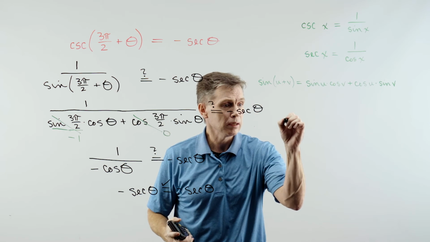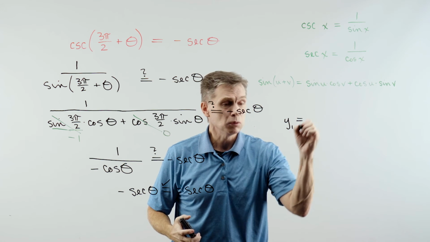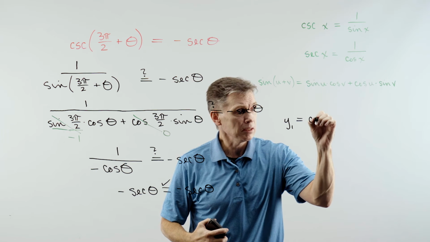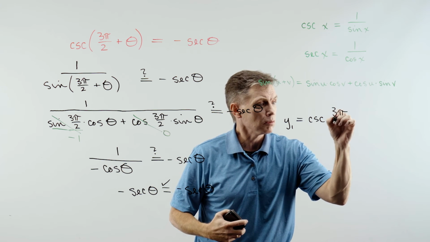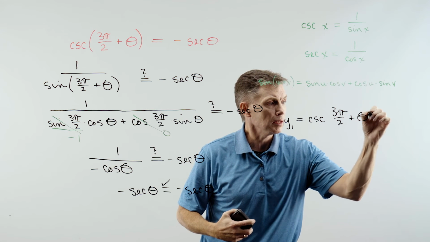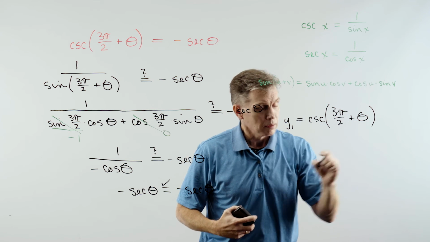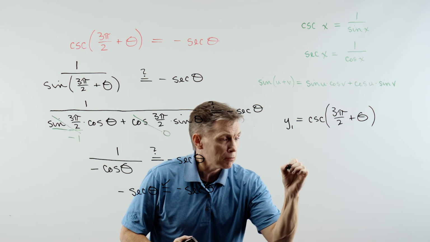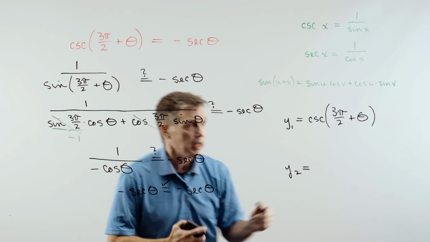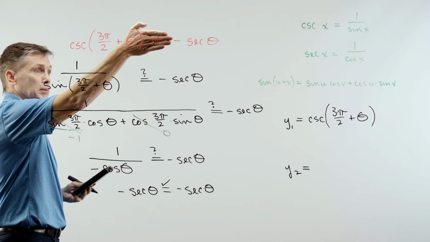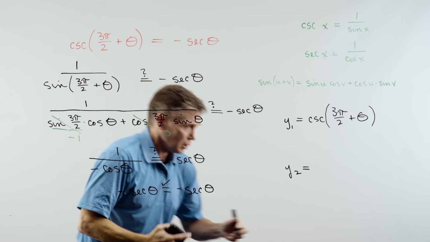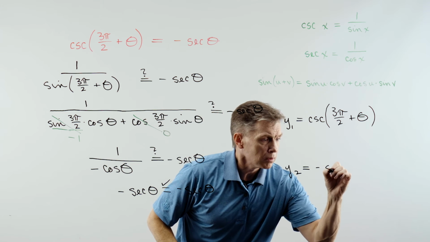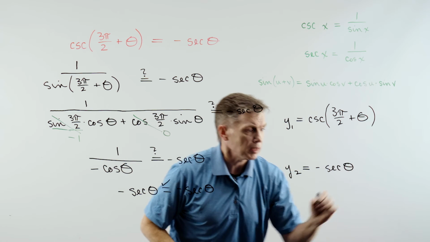So I'm going to write y sub 1 equals, and I'm just going to write exactly that original left-hand side, cosecant 3 pi over 2 plus theta. And leave a blank for a second. And then the right-hand side, you just want to treat as a second separate function. Okay? So I'll say y sub 2 equals minus secant of theta.